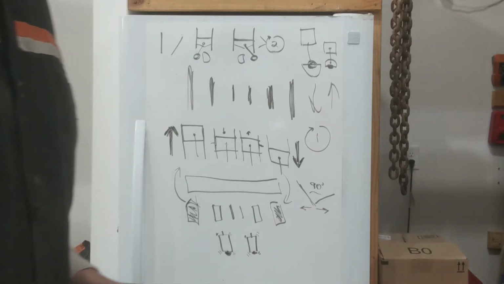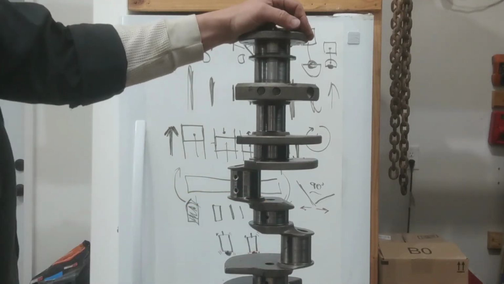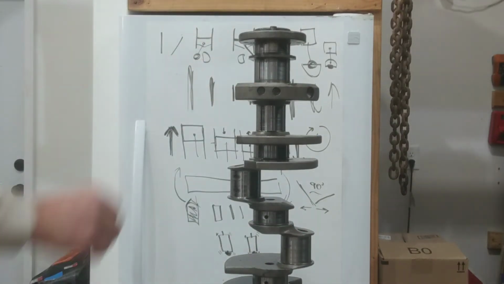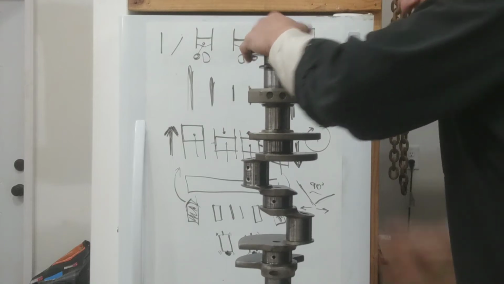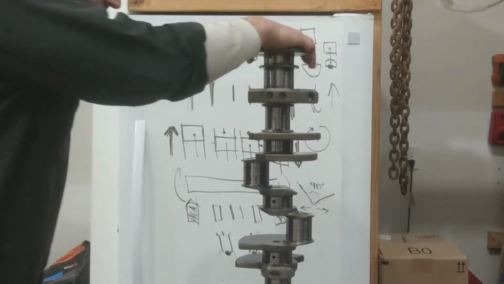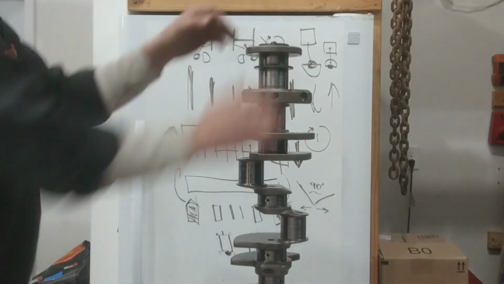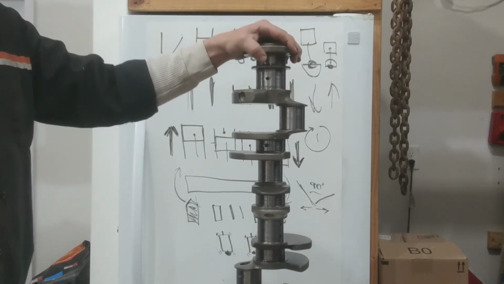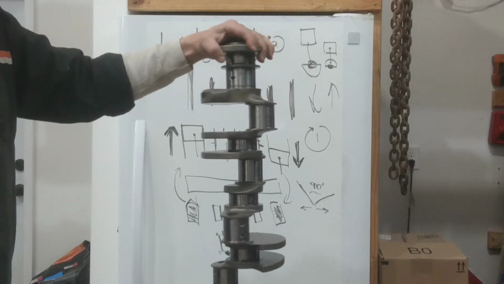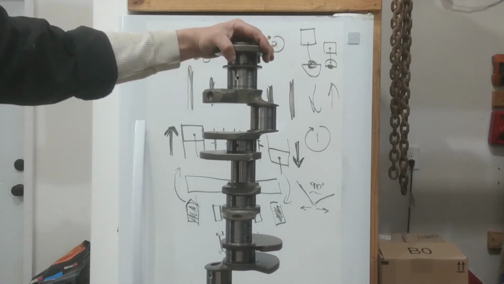Let me go grab a crank. Poor example, but you'll get the point. This crankshaft is a forged 4340 steel crank. This crank was turned in excess of 8,700 RPM.